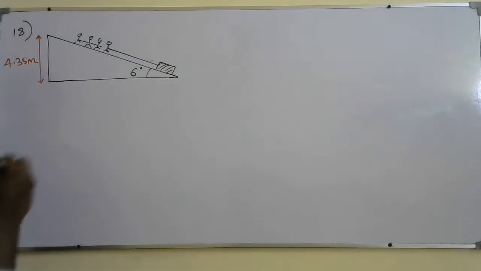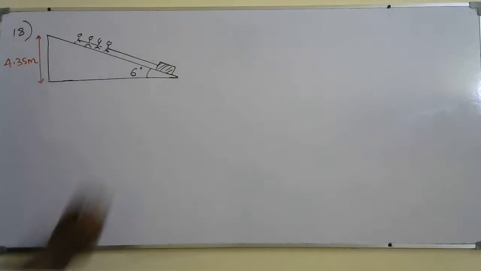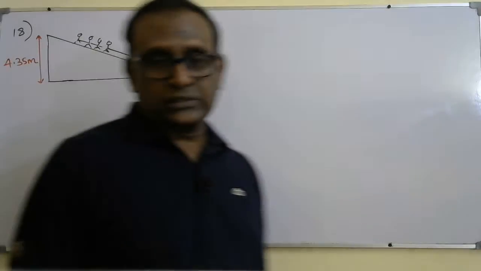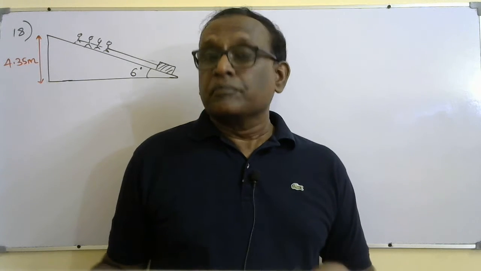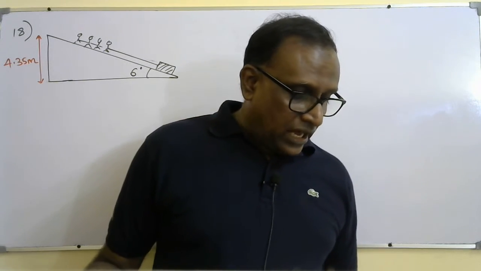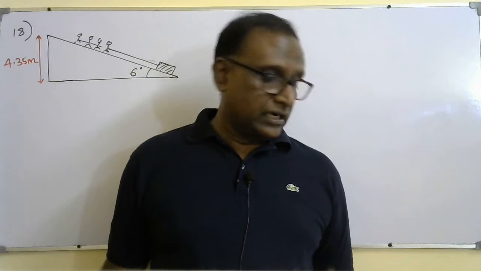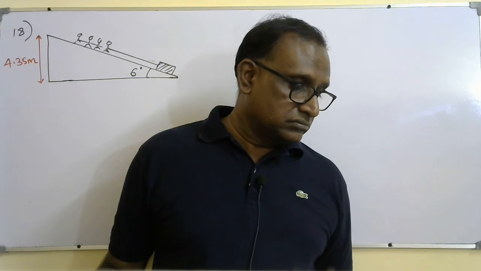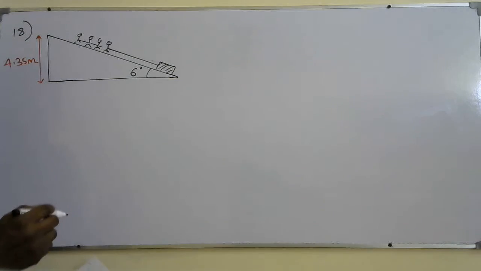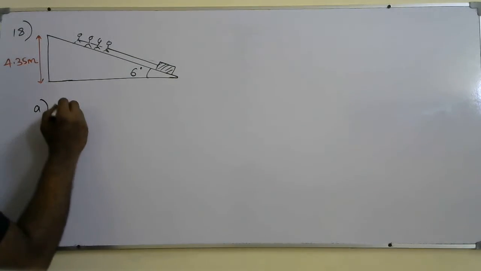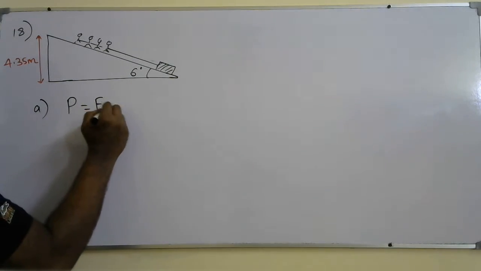We know the power given by the people, the total power output, the power supplied to the block is P, which is given as 6.25 kilowatts. So for the A part, we can say power equals force times speed.